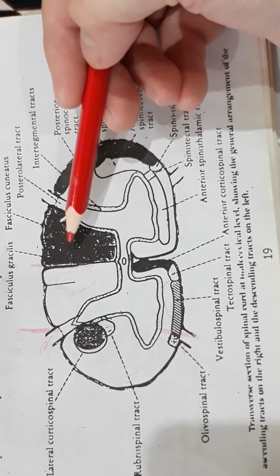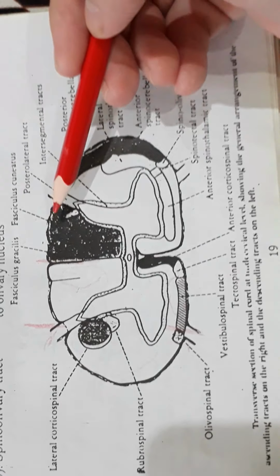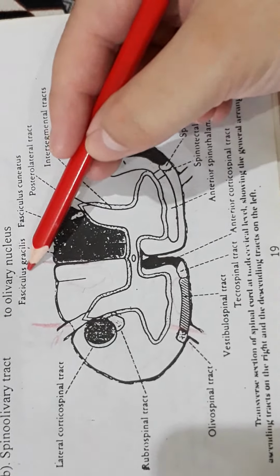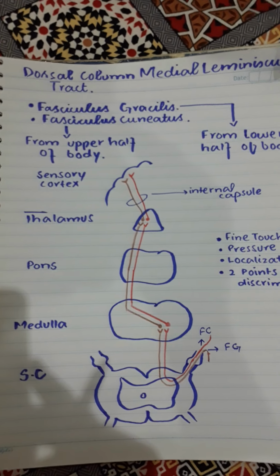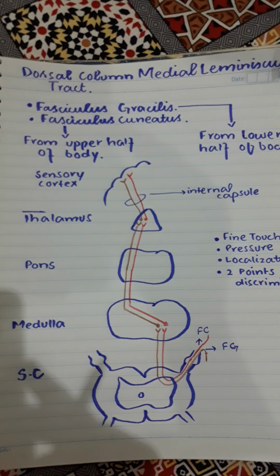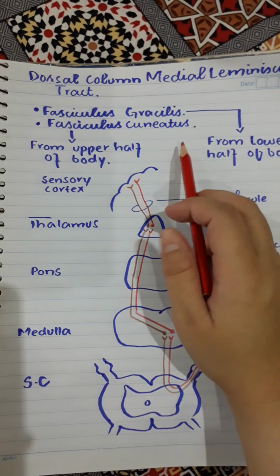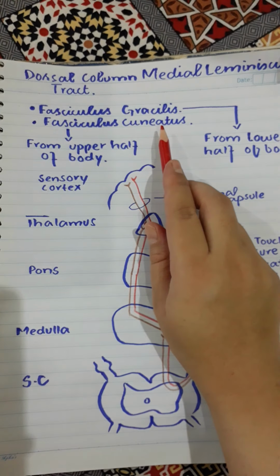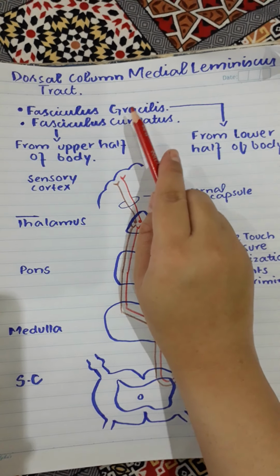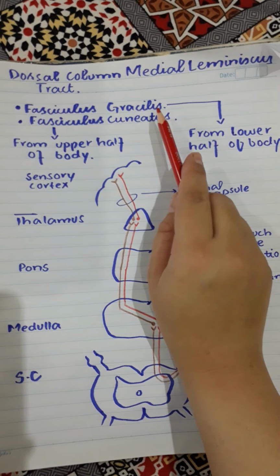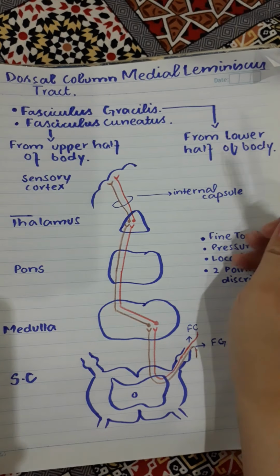So that is the reason why the tract is named the dorsal column medial lemniscus system, and it consists of two parts, fasciculus gracilis and the fasciculus cuneatus. These are the nuclei. The fasciculus gracilis is the nucleus which receives the fibers from the lower half of the body, below the trunk.